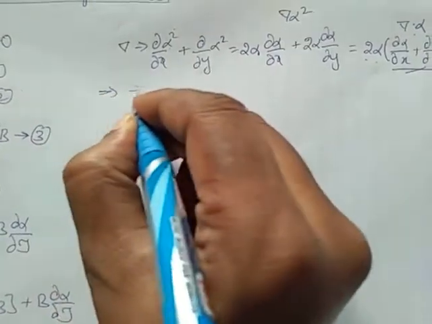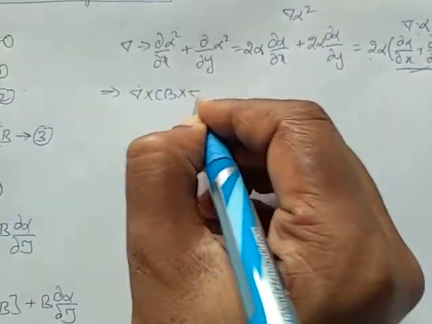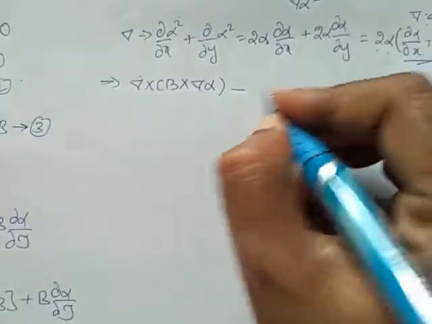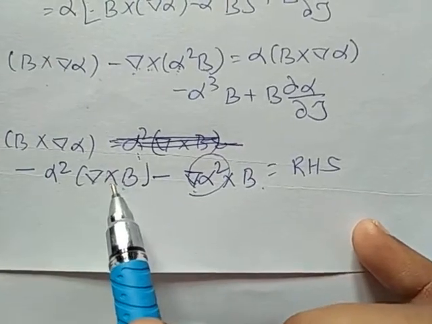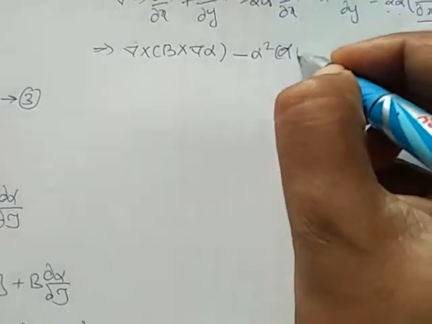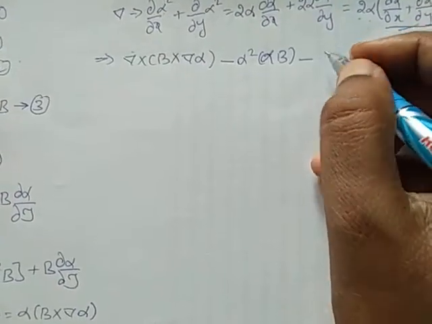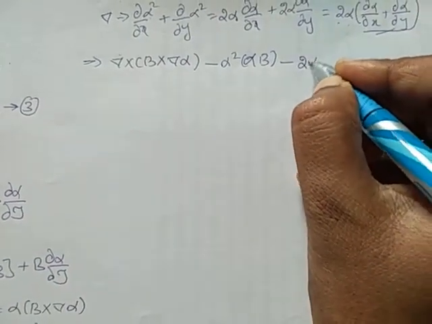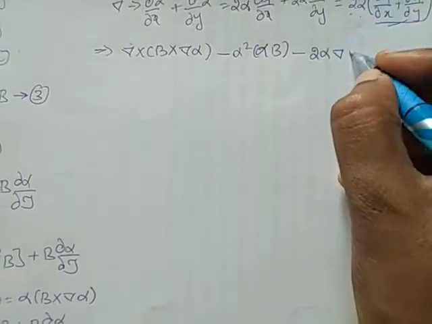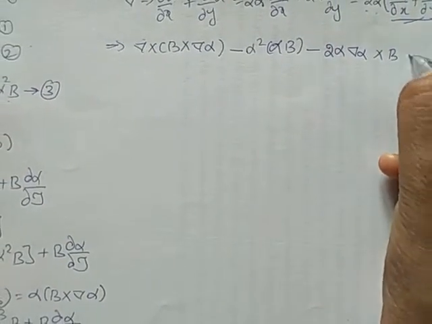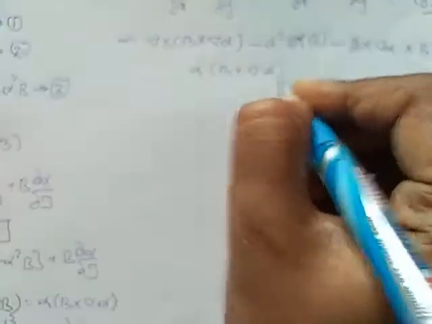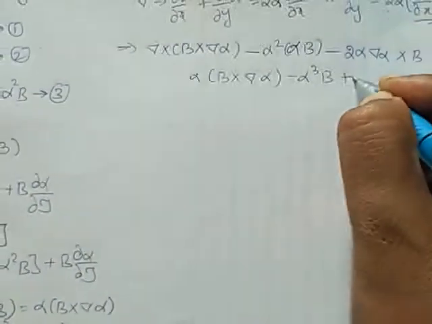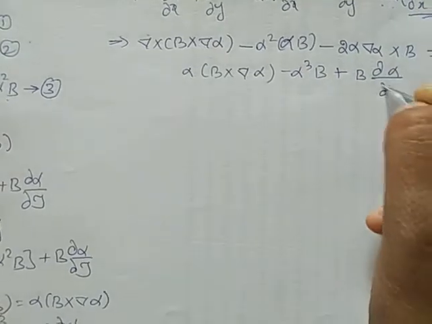So our equation becomes curl of B cross del alpha minus alpha square. Here we are having LHS as it is, alpha square del cross B is alpha B. I am going to substitute del cross B as alpha B. So alpha B minus del square alpha is 2 alpha into del alpha cross B, equal to RHS, which is the same: alpha B cross del alpha minus alpha cube B plus B dou alpha by dou tau.